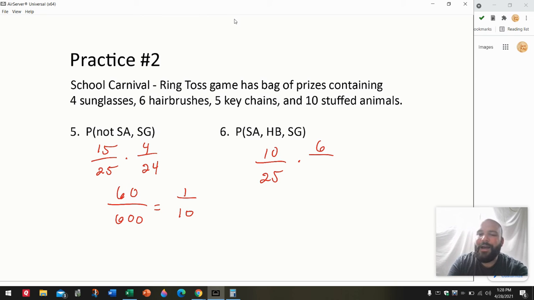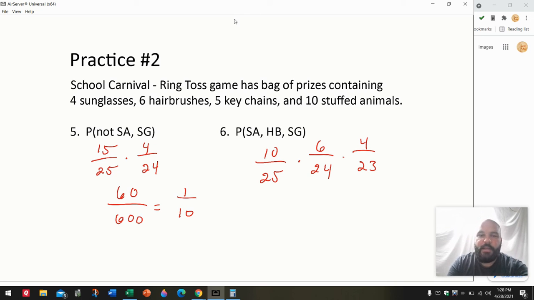If we've picked one out, there are only 24 items left. Now, the last probability here is the probability of picking a pair of sunglasses. And there are 4 pairs of sunglasses here. But once again, if we've already taken 2 picks out of the total, we started with 25 items, but we've taken 2 items away from that. We are now left with only 23 items to choose from.